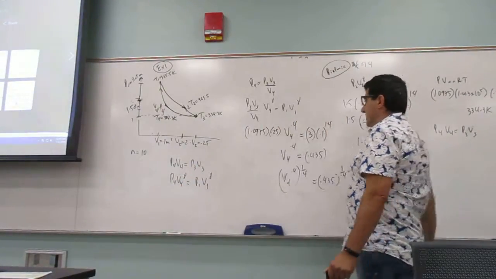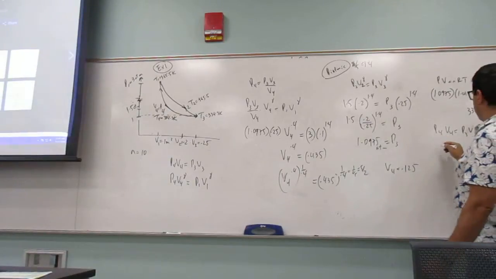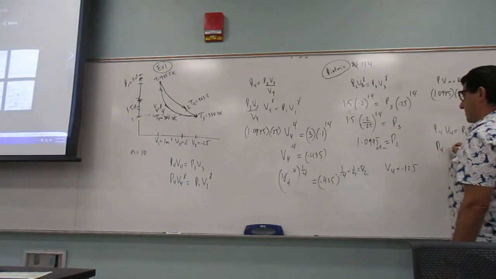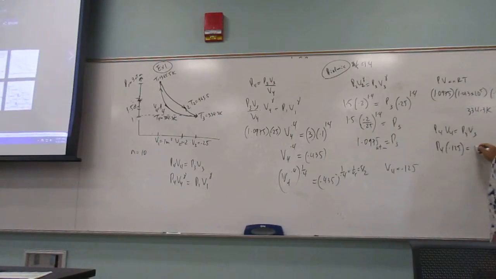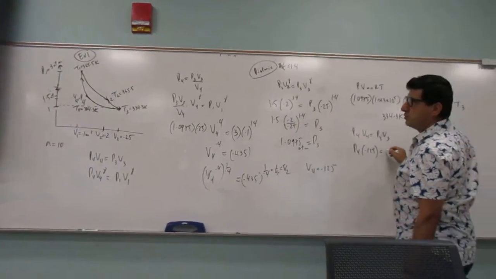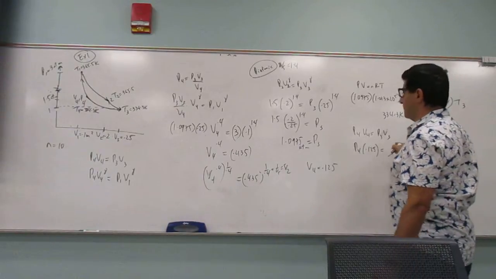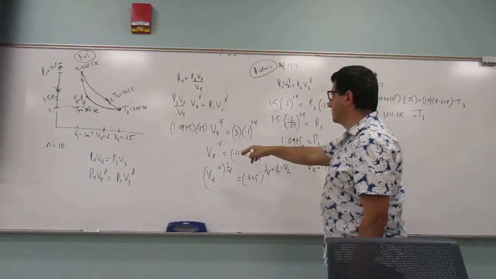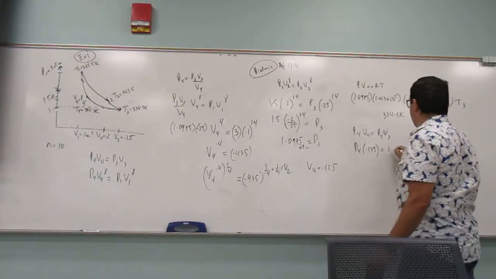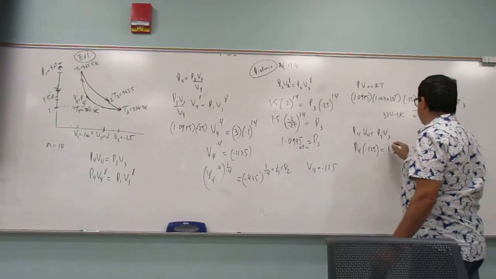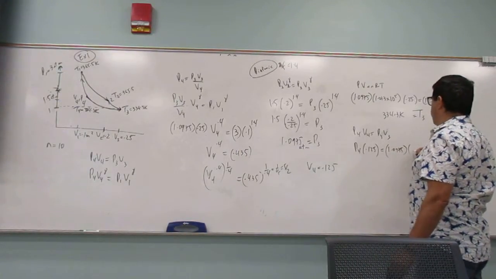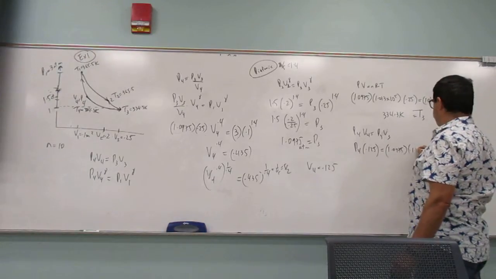So you say P4, V4 is 0.125, P3 is, which one was it? Oh, I erased it. 1.0975 times V3, which is 0.125.